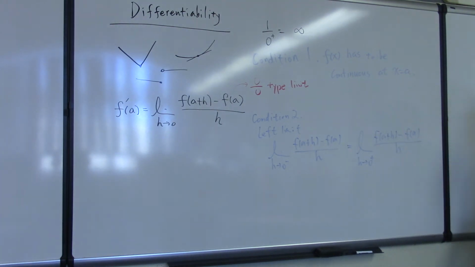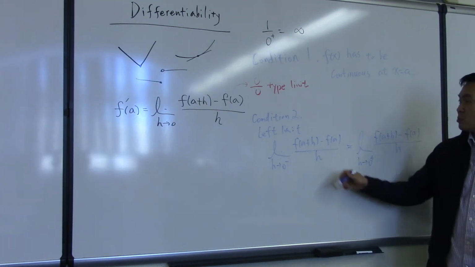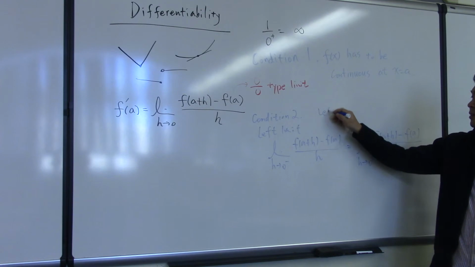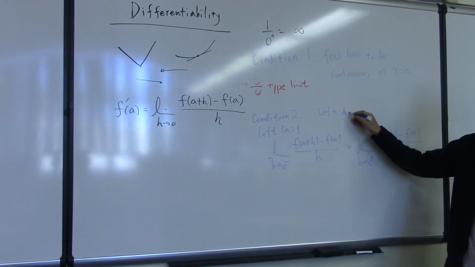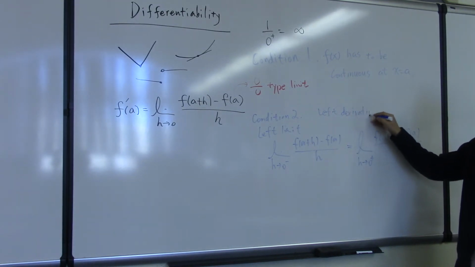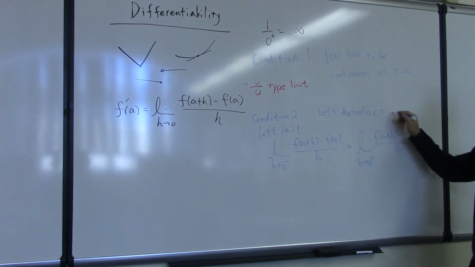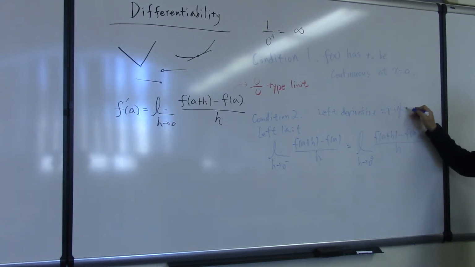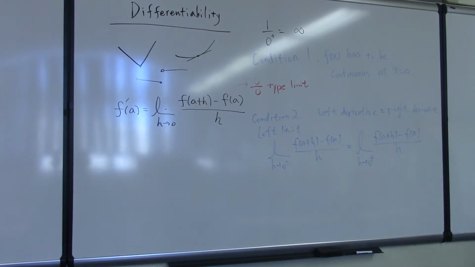Okay. So to put this in words, the left derivative should equal the right derivative. So these are the two conditions for the derivative to exist.